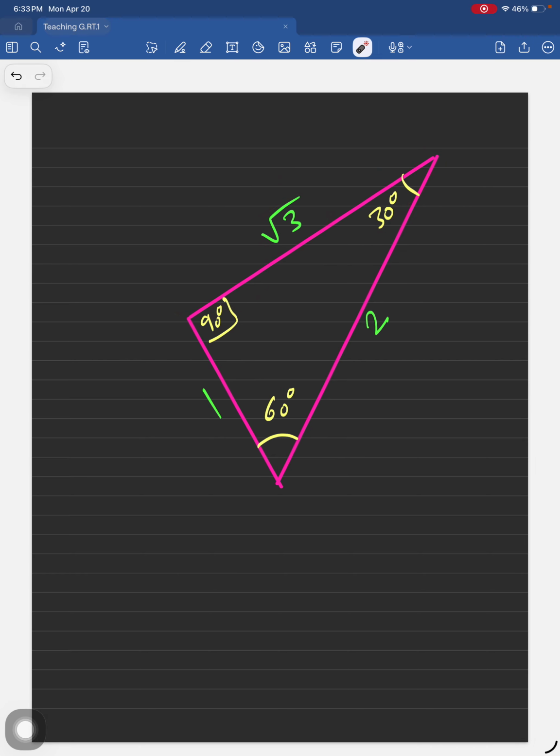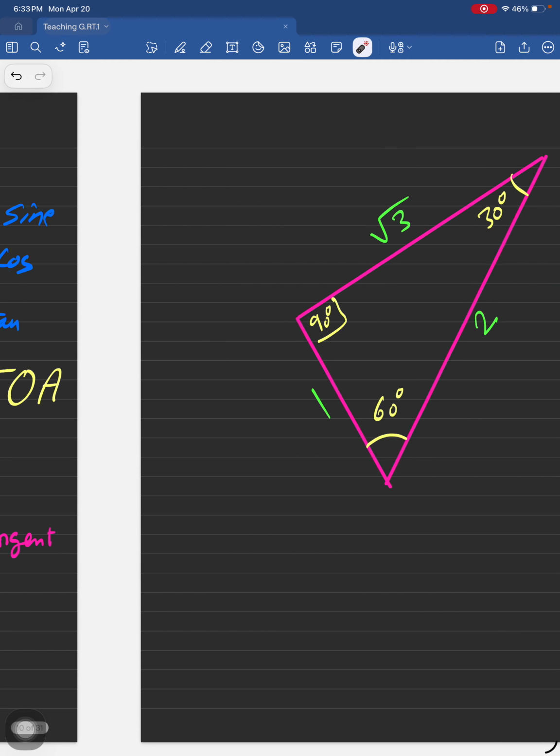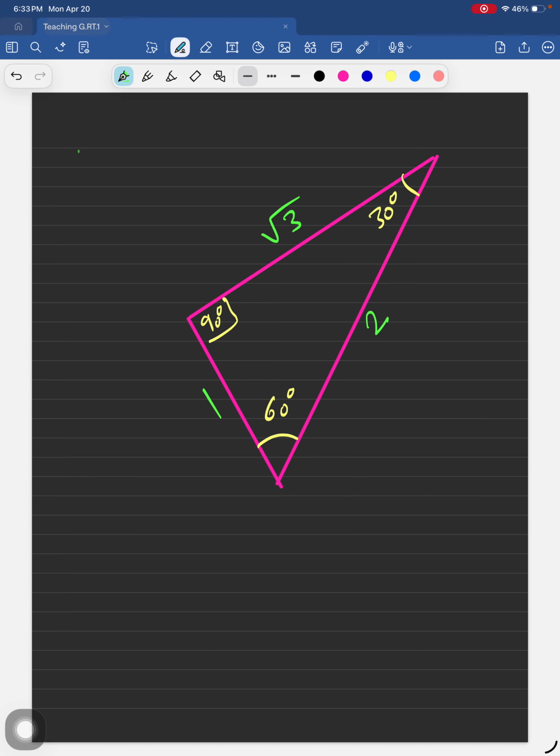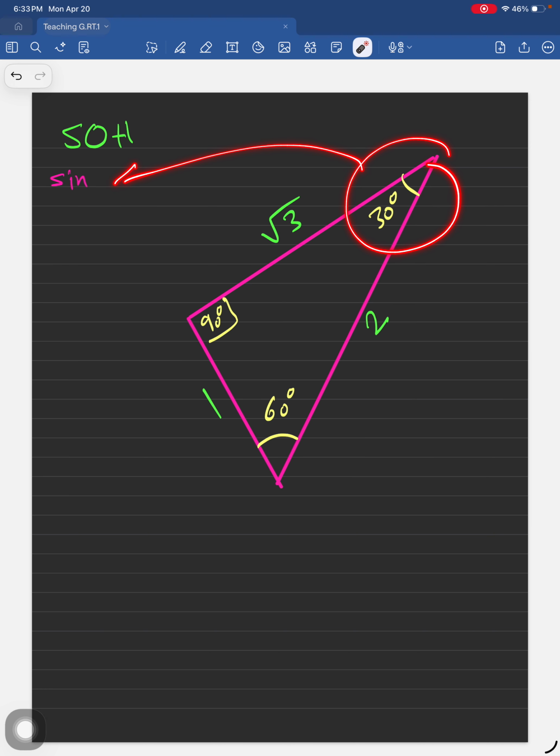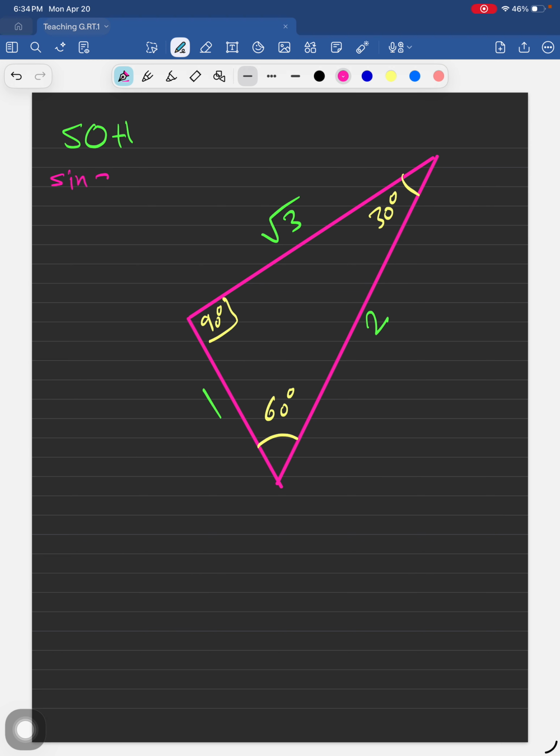We will start with the first one, which is SOH. The S, as we said before, represents the sine, so we start with the sine of 30 degrees.